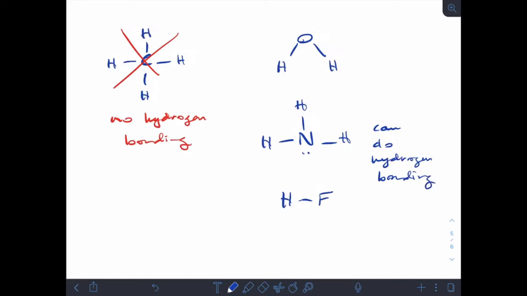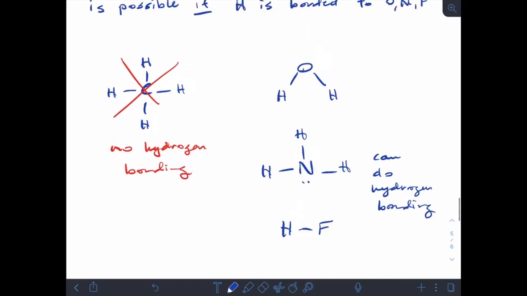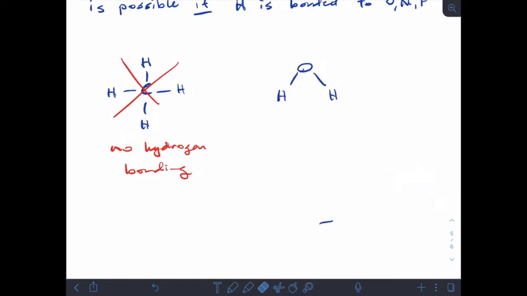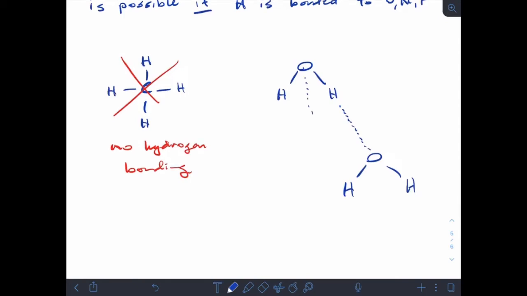So the way hydrogen bonding works is that if I have another molecule that can do hydrogen bonding nearby, I have an attraction between the hydrogen and that oxygen. And I also have an attraction between that hydrogen and that oxygen.